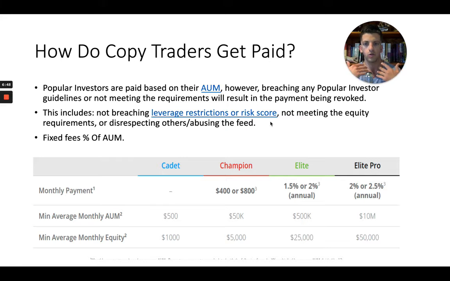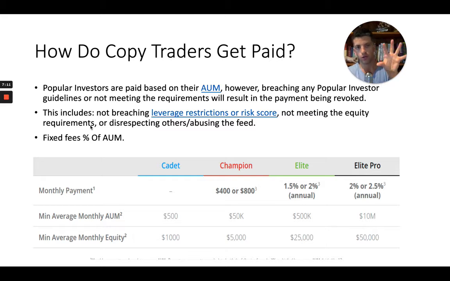They allow me to use some leverage, but if my risk score for the fund starts to climb above a certain amount, I'm disqualified from being able to be paid. Not meeting the equity requirements, so that means I have to keep a minimum amount of my own money in the fund, and those funds do not count as assets under management.